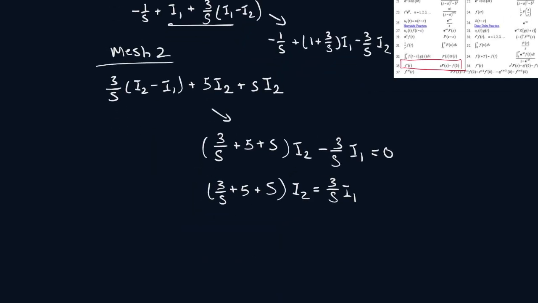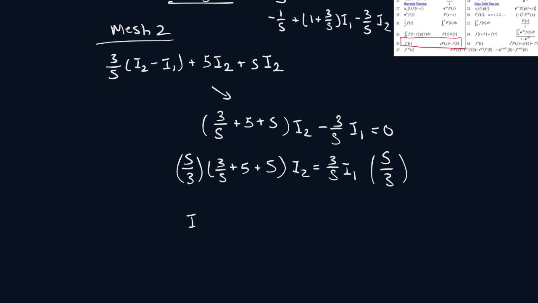So let's isolate for I1. I think what we can do is times both sides, so pretty much times by S over 3. So we have to do this by S over 3 as well.